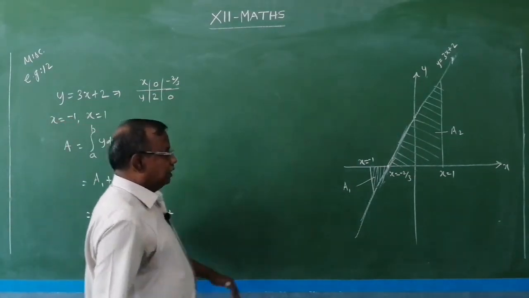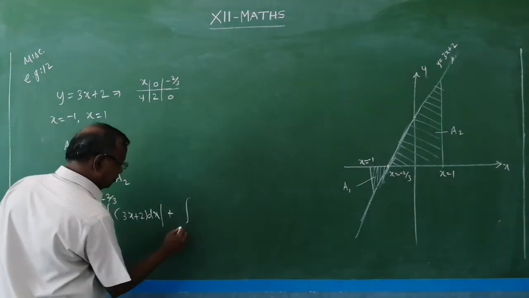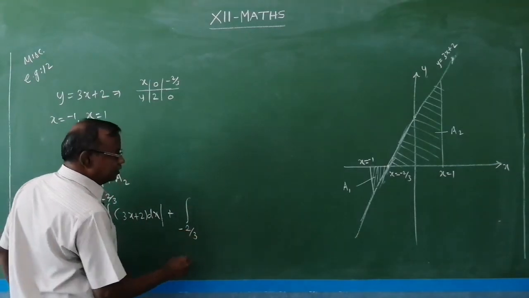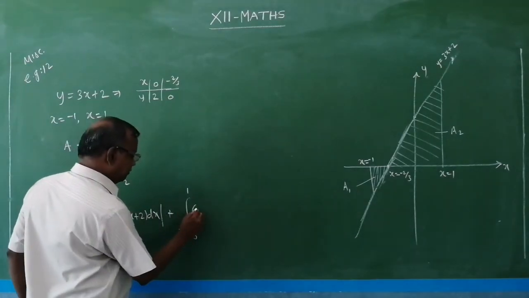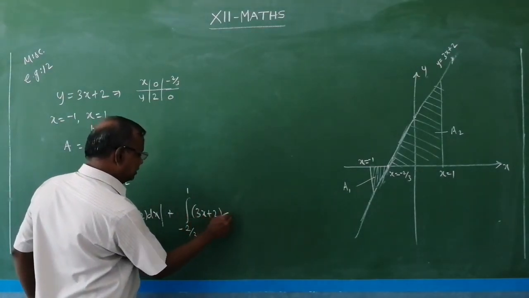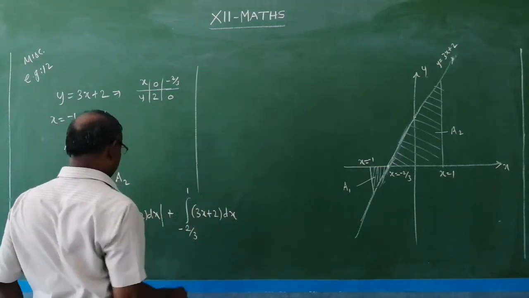Here it is above x axis, so y is positive. Now this is integral from -2 by 3 to x equal to 1, the same function 3x plus 2 into dx. Let us compute the value.